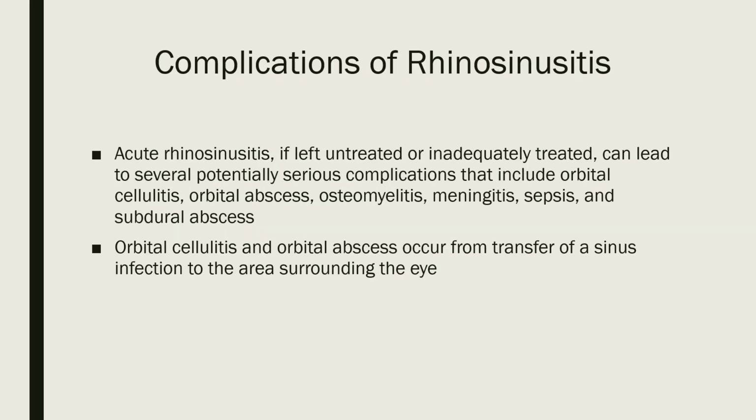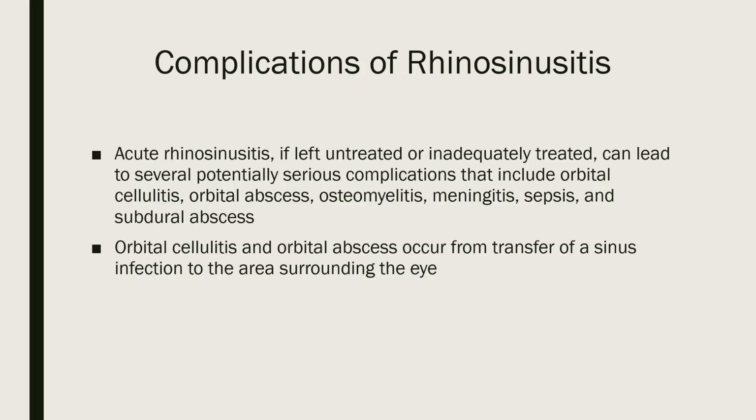So, complications of rhinosinusitis. Acute rhinosinusitis, if left untreated or inadequately treated, can lead to several potentially serious complications that include orbital cellulitis, orbital abscesses, osteomyelitis, meningitis, sepsis, and subdural abscesses.